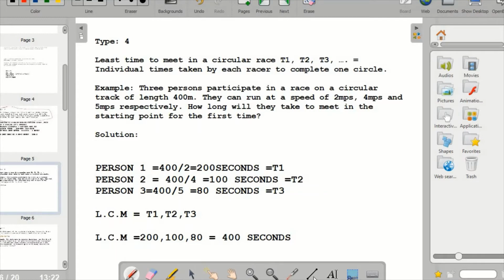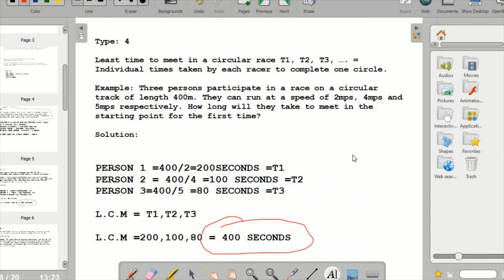So this is our answer. It's really easy. Let me explain again. Here we are going to find the time in a circular path. In MotoGP or any other race, we have only a circular path, a track whose length is 400 meters. The first person's speed is 2 m/s, the second person's is 4 m/s and the third person's is 5 m/s.